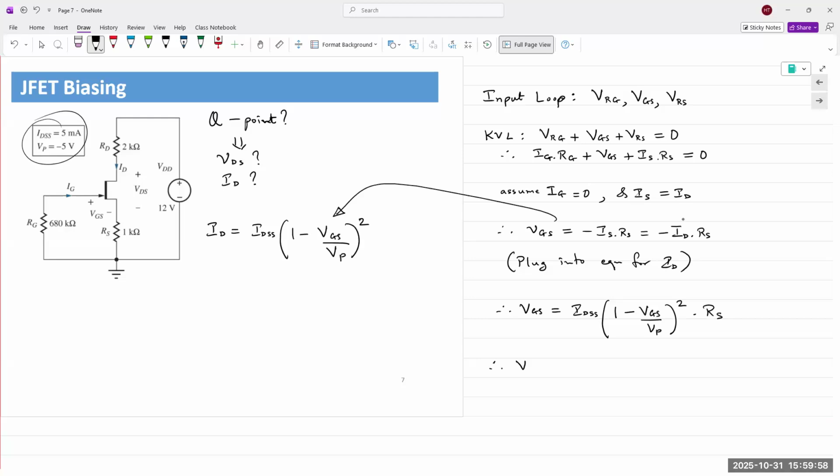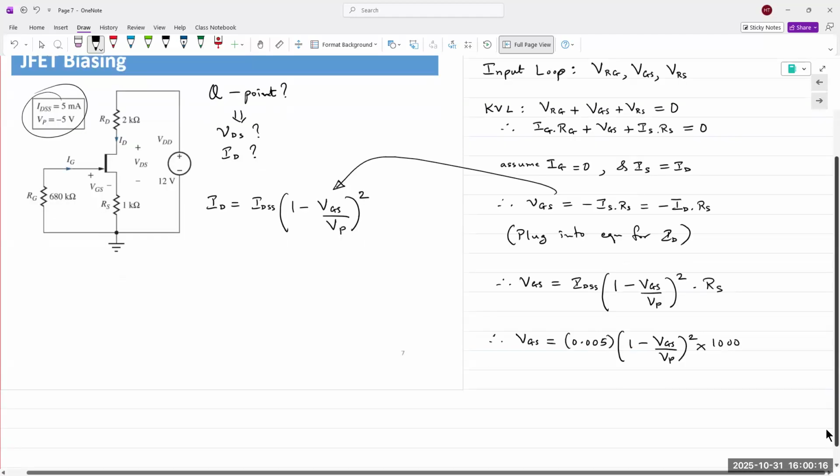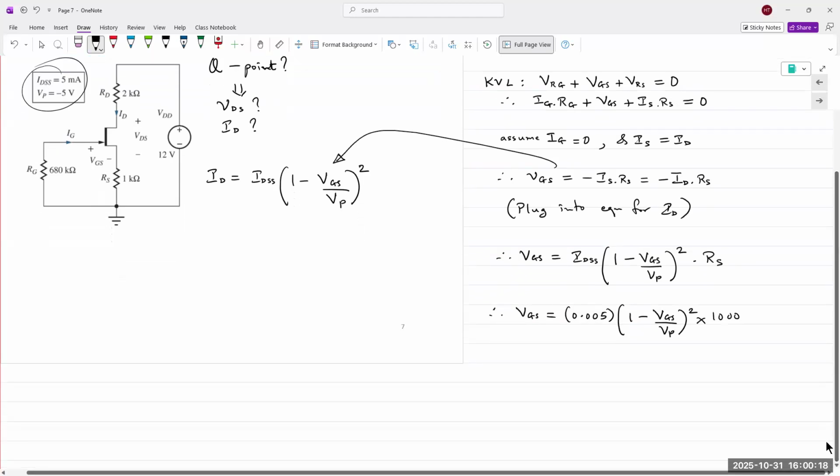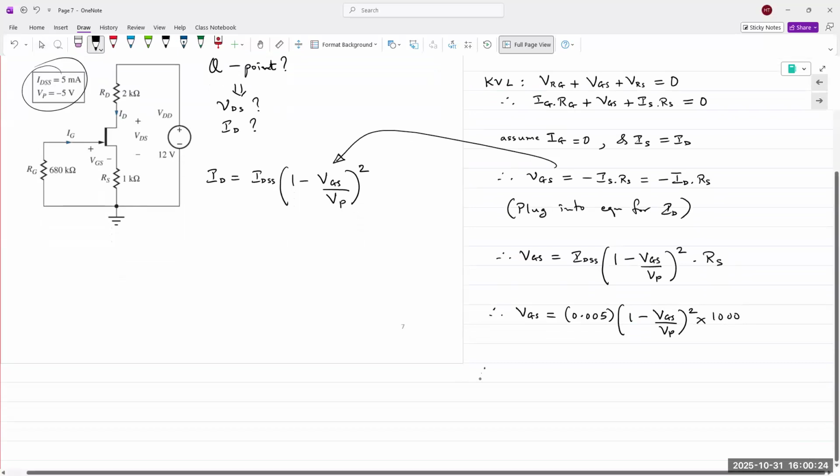Then try solving for this. VGS comes out to be 0.005 times 1 minus VGS over VP square, times 1,000, and then keep on reducing this.